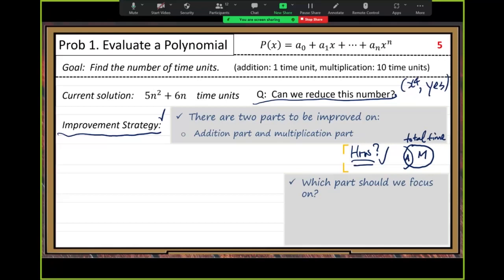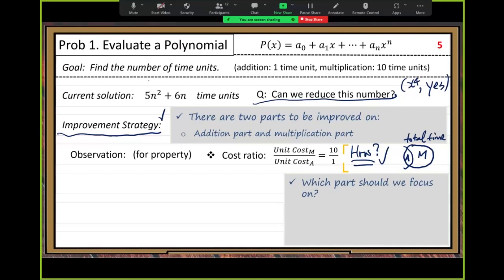How do we determine which part we should focus on? There is a specific strategy for it. First, the observation of the properties. We know the cost ratio: unit cost for multiplication over unit cost for addition equals a 10-to-1 ratio.